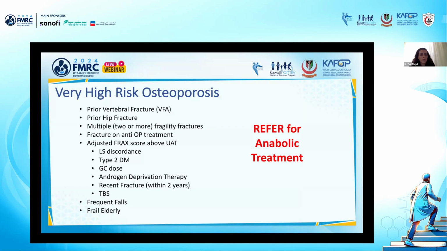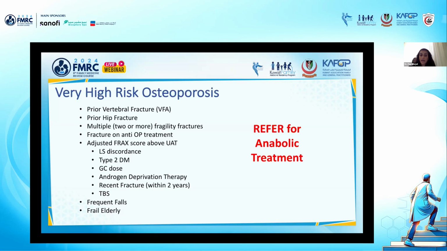Okay, to recap, who are the patients who should be referred for anabolic treatment? Any patient who had a prior vertebral fracture, as we said, they are in the red zone, the red group, prior hip fracture also, and multiple, 2 or more, fragility fractures. This is the criteria for the very high risk in the guidelines, the part on the right side. Patients who fracture on anti-osteoporosis treatment, for example, they are on anti-resorptive treatment and they fractured, should be referred for anabolic treatment.